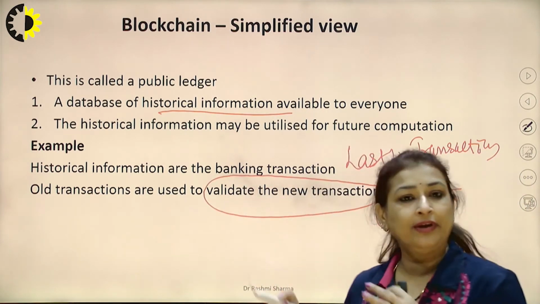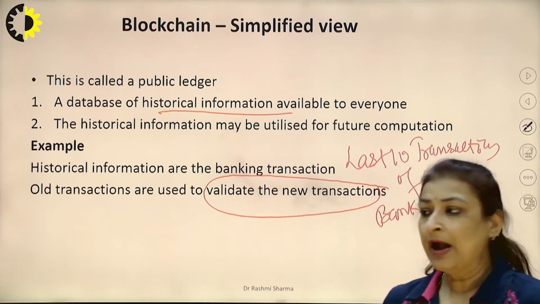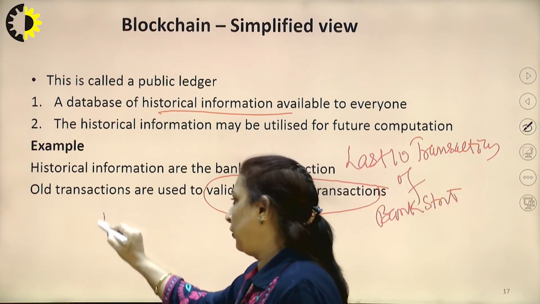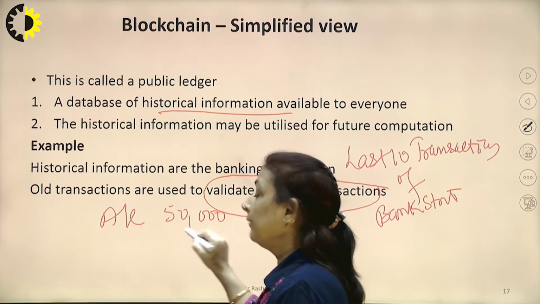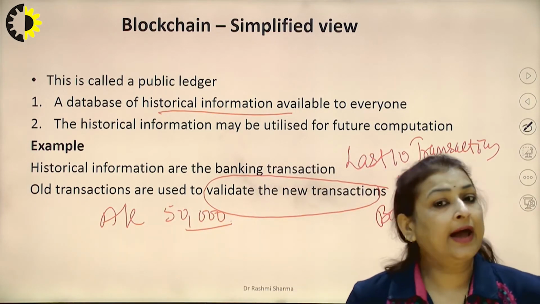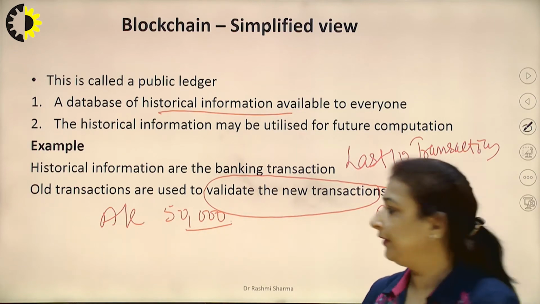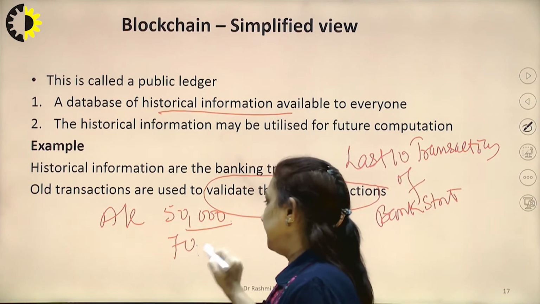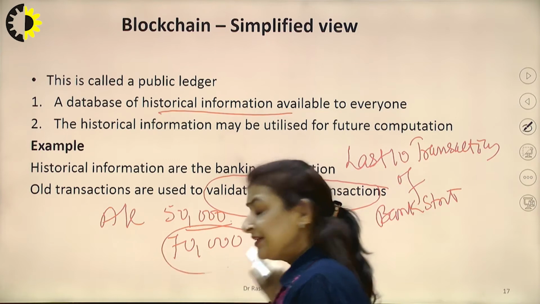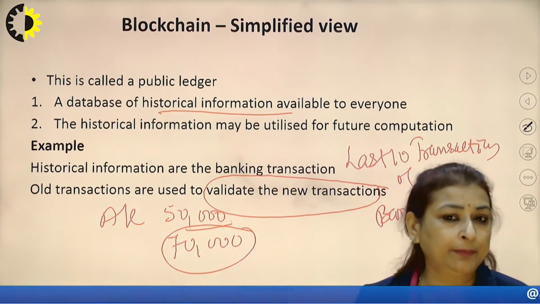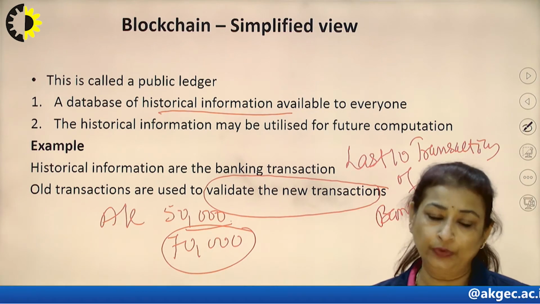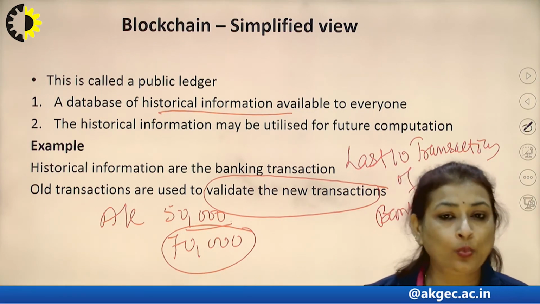What do you mean by validation of a transaction? Assume in my bank account I have 50,000 rupees. And I say that I want to transfer 70,000 rupees to my friend. Is this a valid transaction? No, because I don't have that amount in my account. So this becomes an invalid transaction.